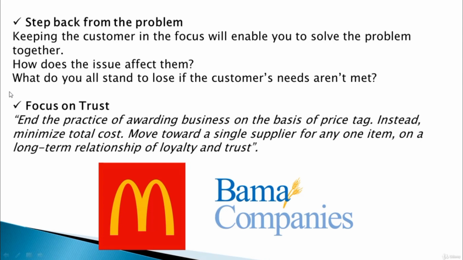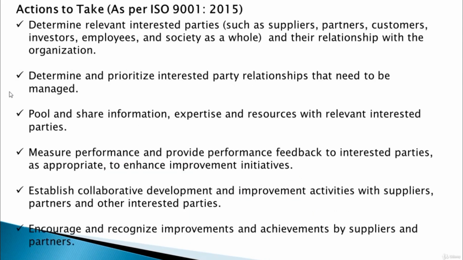Now, of course, the standard, ISO 9001, proposes a few steps or actions to take, like knowing your interested parties, the ones that we talked about earlier. You need to also determine and prioritize the interested party relationships that need to be managed, and you need to share information, expertise, and resources with relevant interested parties, and you need to measure performance and provide performance feedback to those interested parties.